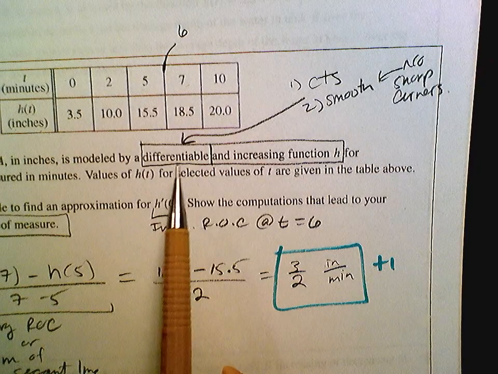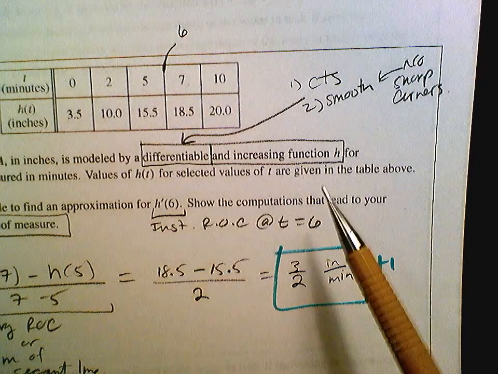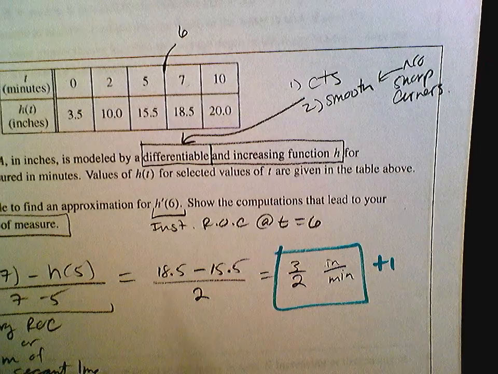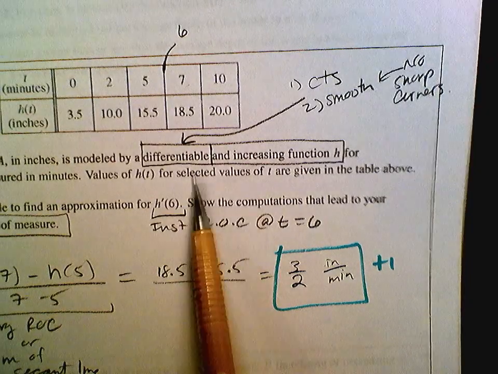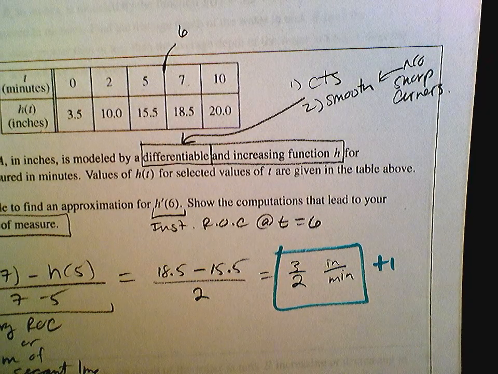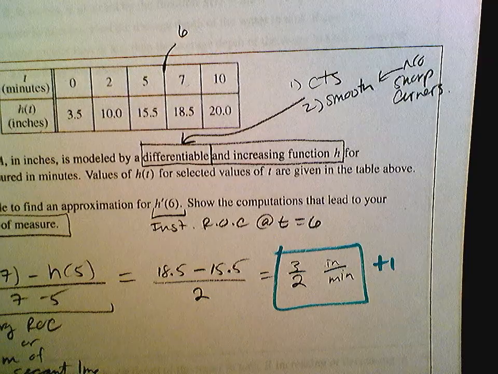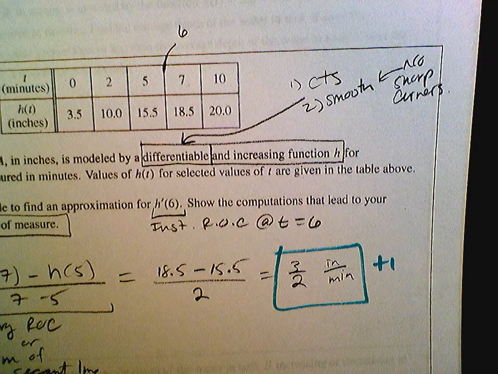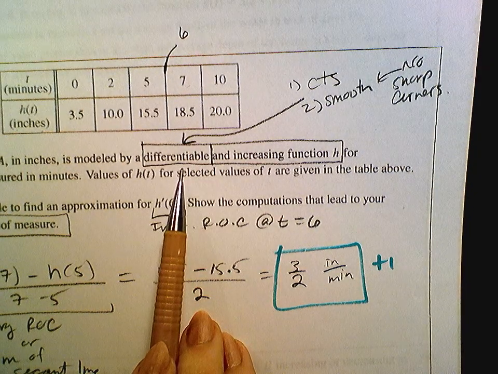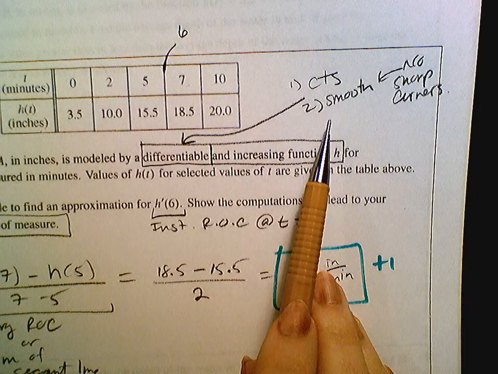About the function. They're telling us that the function is differentiable and increasing. Which of these causes the Riemann sum to be an over approximation? Think of a differentiable function. All it has to be is continuous and smooth.